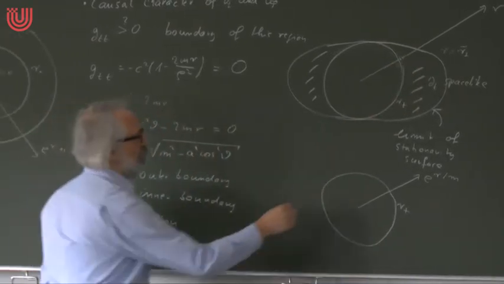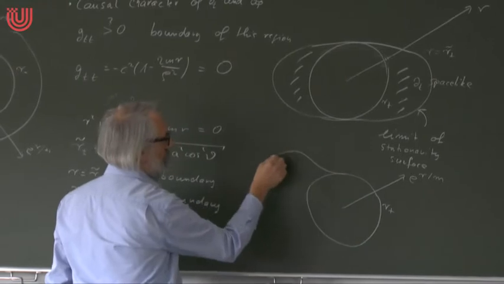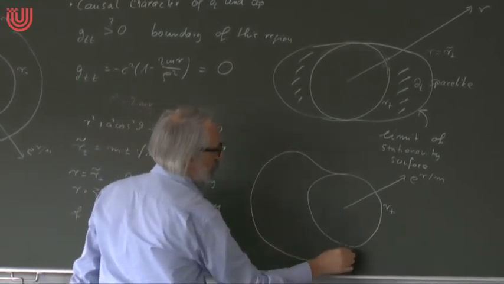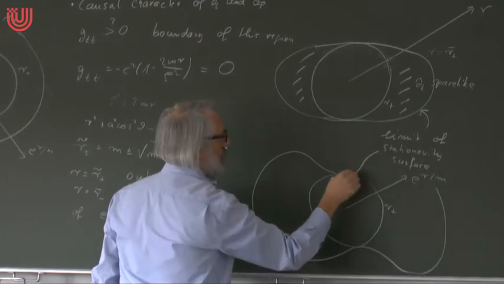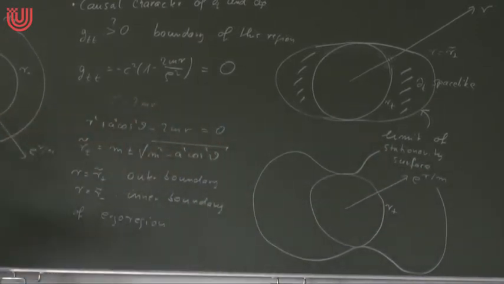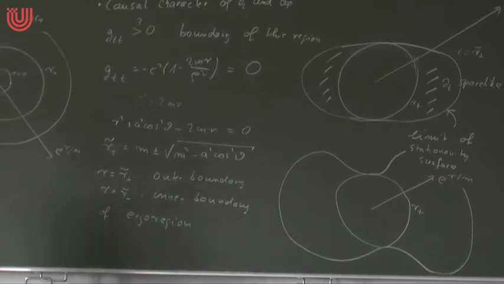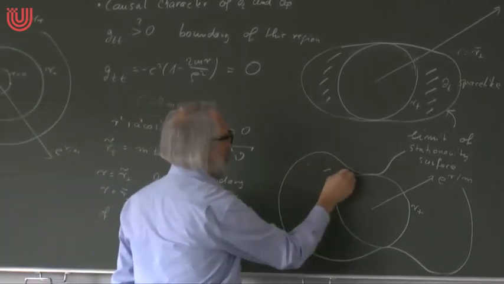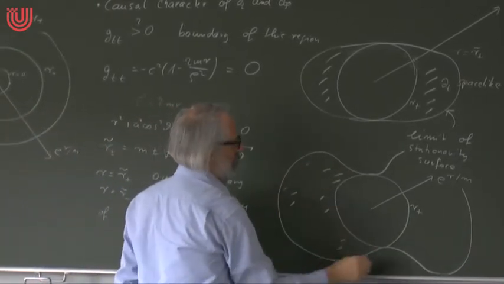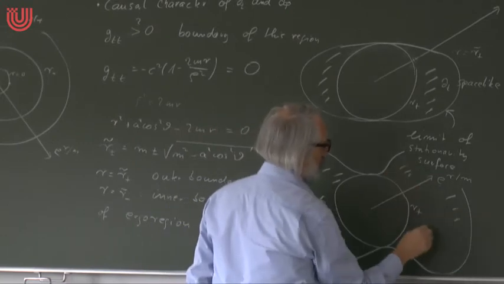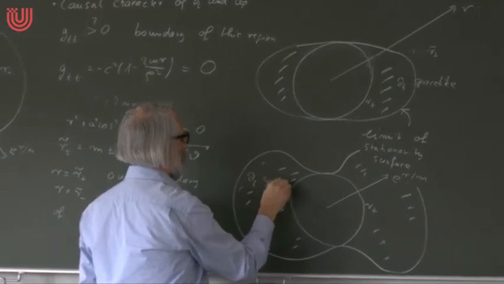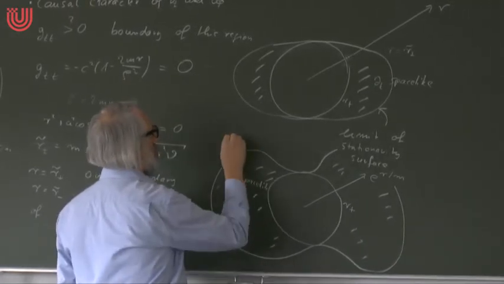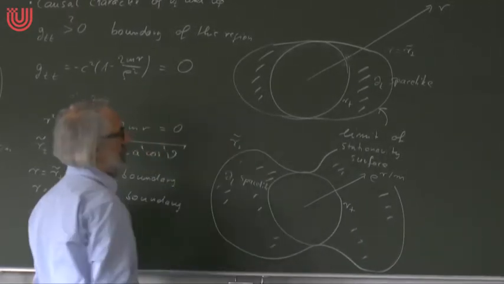It is deformed in a certain way, and it's deformed in this way. So the ergo region is deformed like this. Of course, everything's spherically symmetric. So this here is a region where d by dt is space-like. So this is r plus tilde.